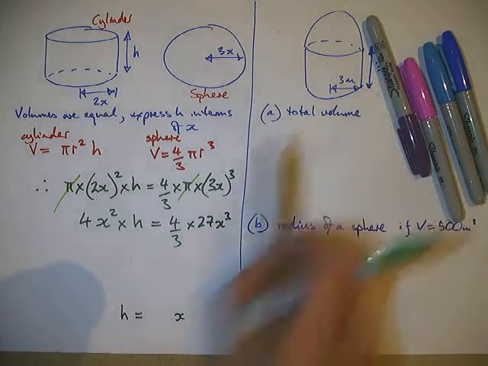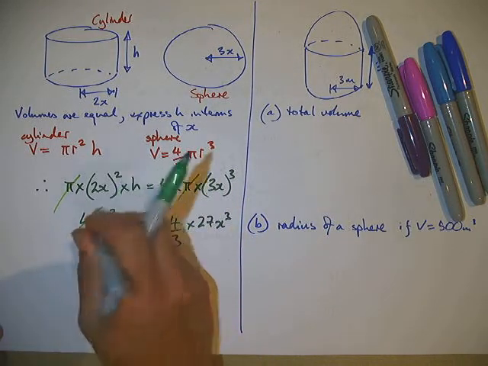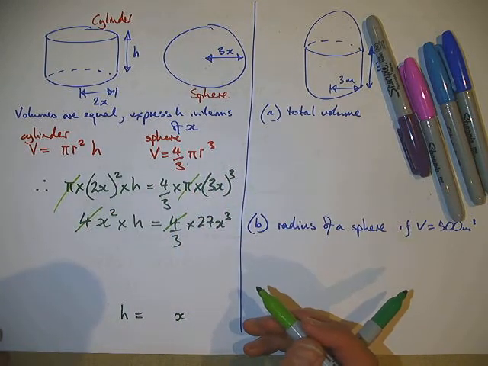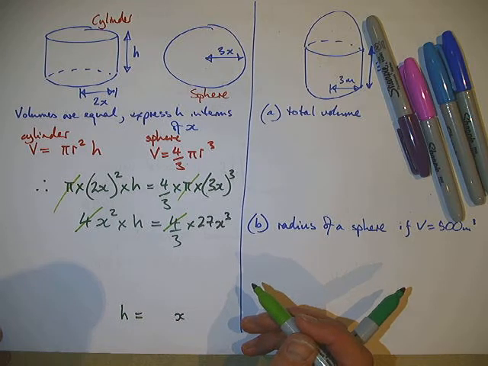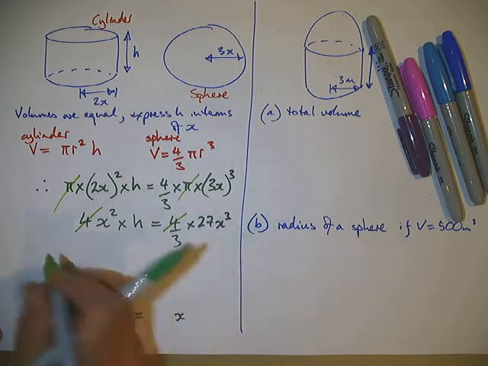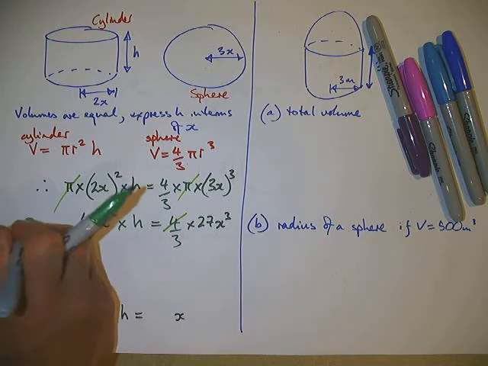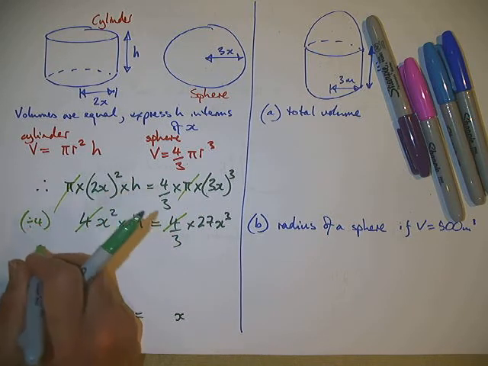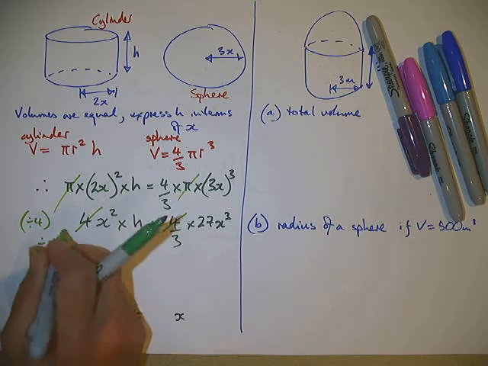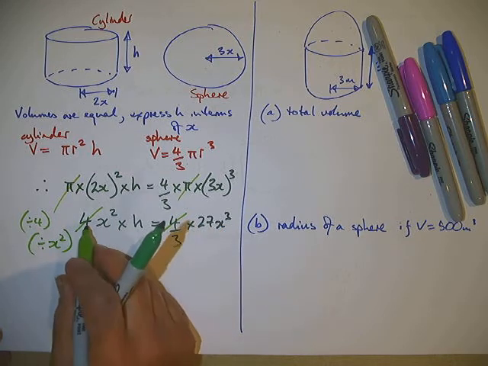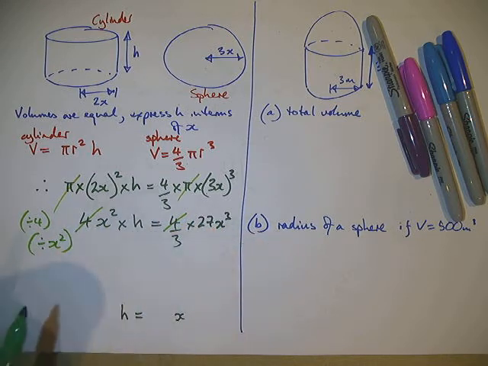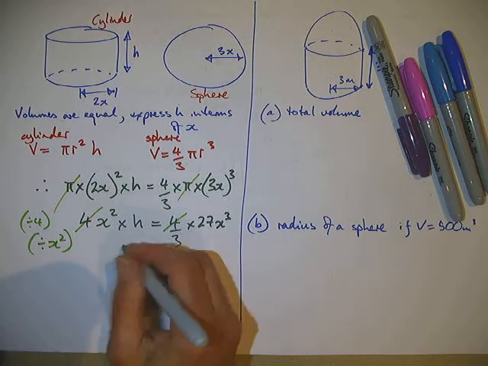So what can we do? I'm going to cancel 4 or divide by 4 on both sides. x squared and x cubed. I can also divide by x squared. If I divide by 4 and by x squared, I'm just going to leave h.